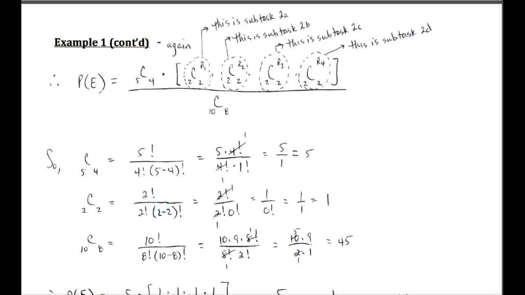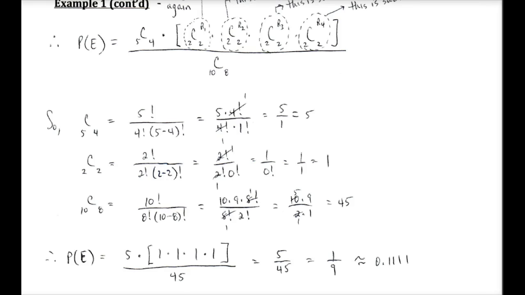And so now the next set of calculations is just saying, how do we actually calculate the combination of 5 things taken 4 at a time by hand, as well as all of these combinations, as well as the combination of 10 things taken 8 at a time as well. And so you see how we've calculated those. And here we're just using the basic formula, and I'll just go ahead and write it here.